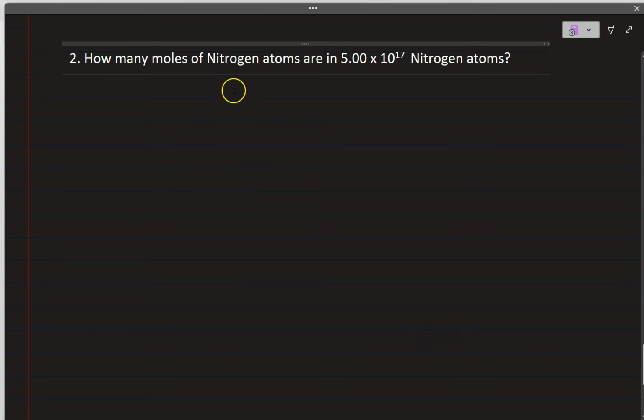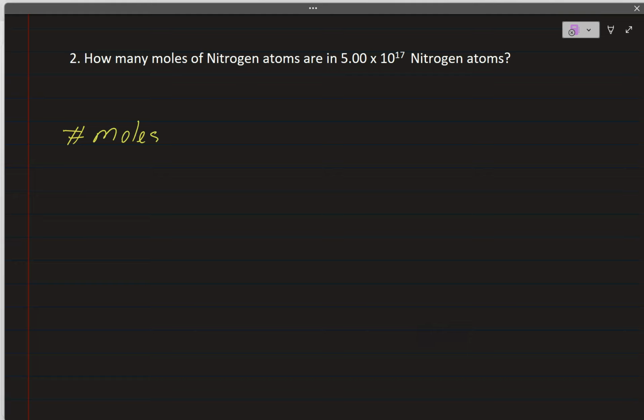How many moles of nitrogen atoms are there in 5.00 times 10 to the 17 nitrogen atoms? Okay, so we want number of moles. That's what we want. All right, so we start with number of atoms.